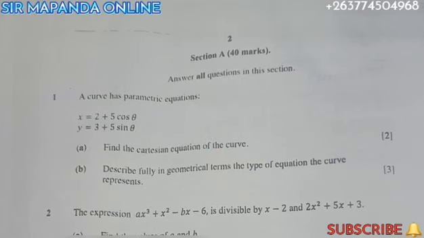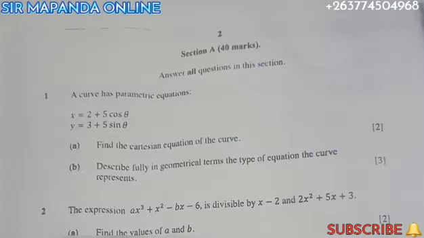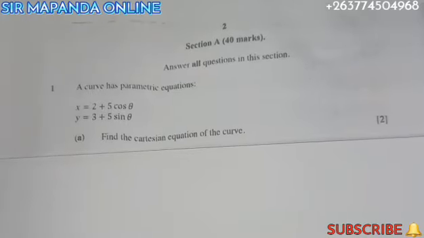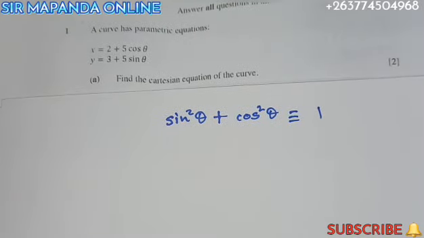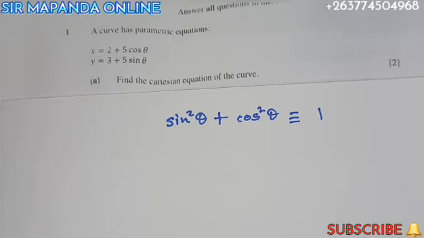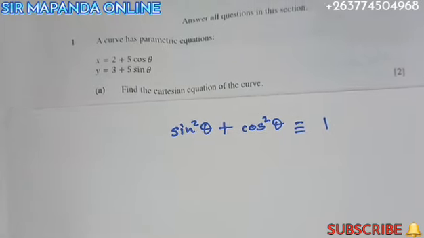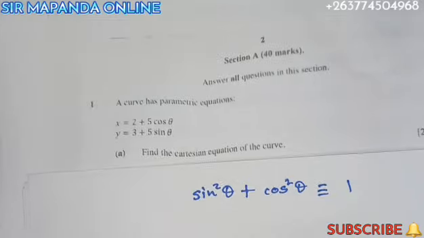So to find the Cartesian equation of the curve given parametric equations in trig form, you need to understand this identity. Sine squared theta plus cos squared theta is identical to 1. So you simply make cos theta the subject of the formula in the first parametric equation.